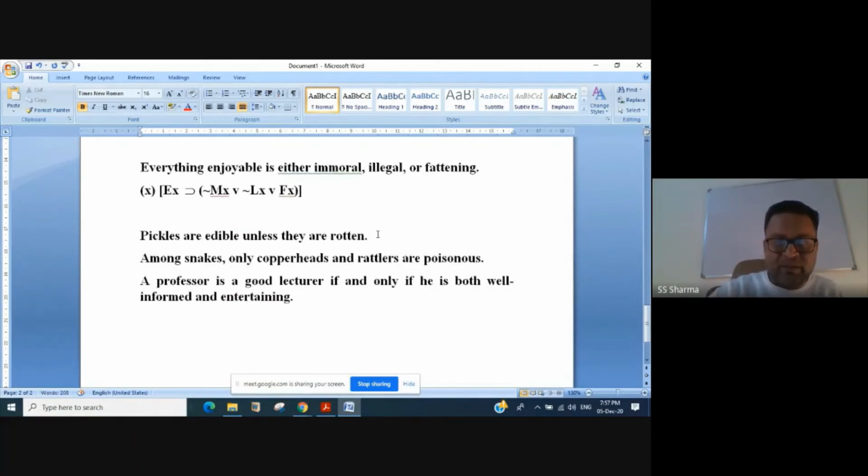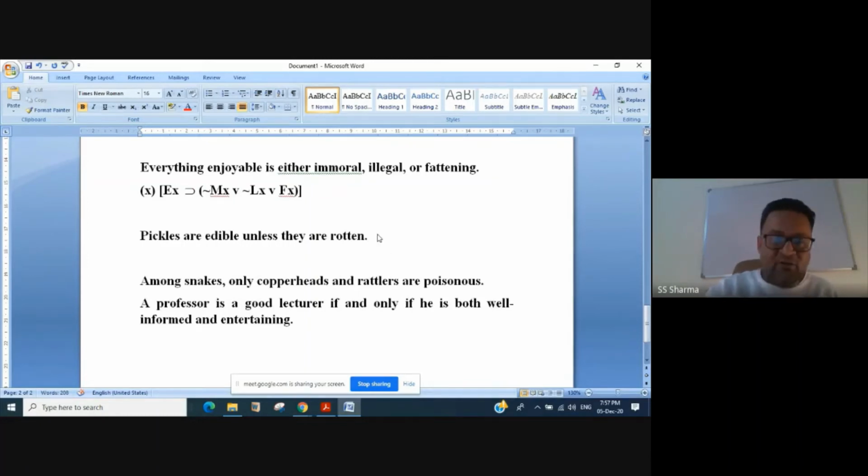Now next question. Pickles are edible unless they are rotten. Now this is like for all x, if x is a pickle, then, so I will take this mark from here, I will put it here. Then if they are edible, it implies that it is not rotten.